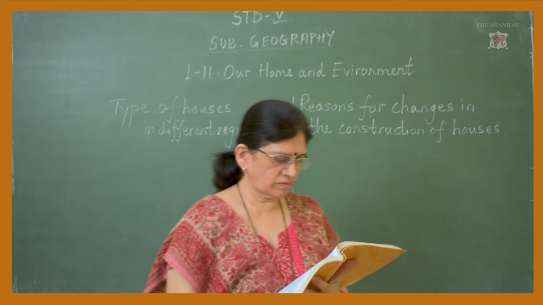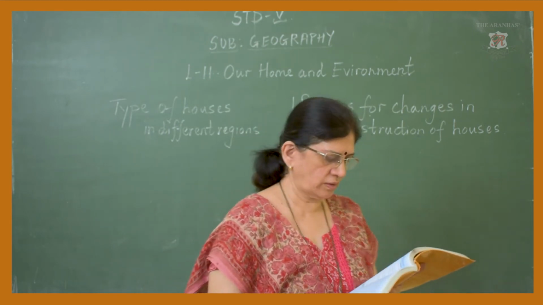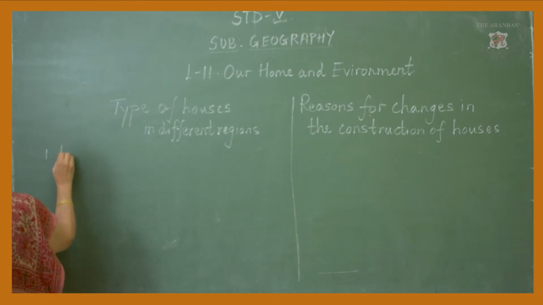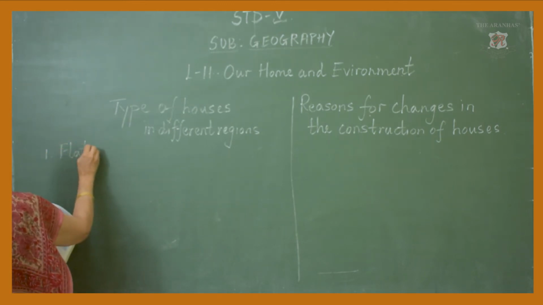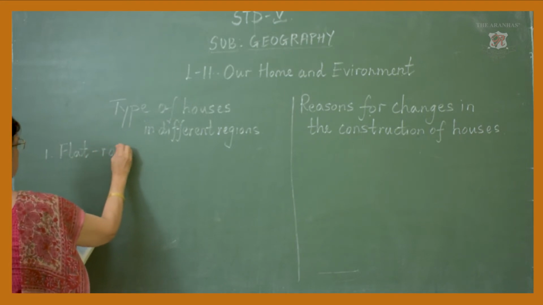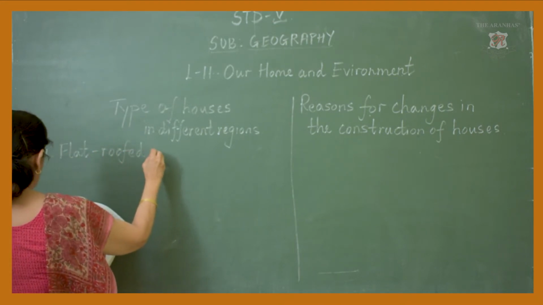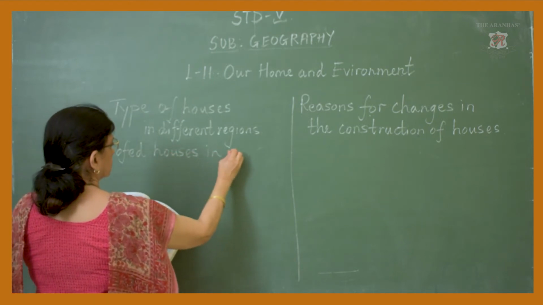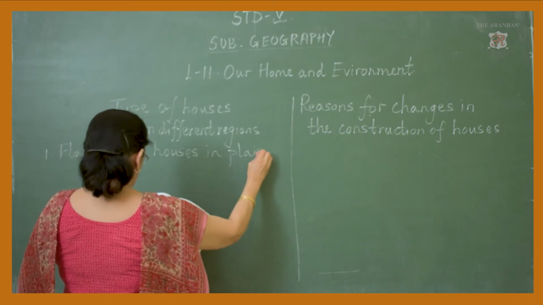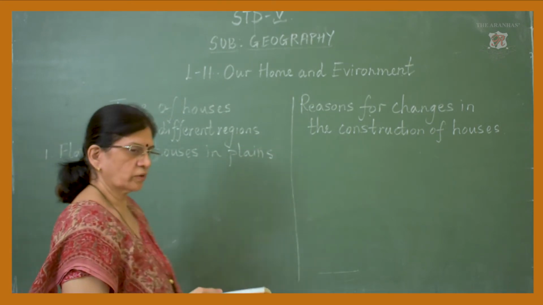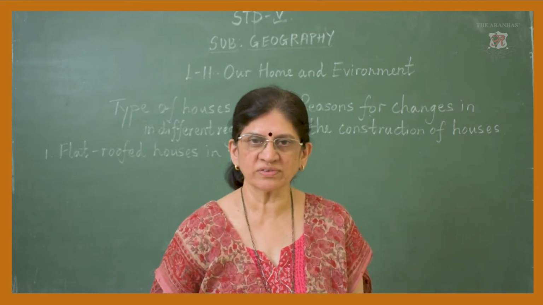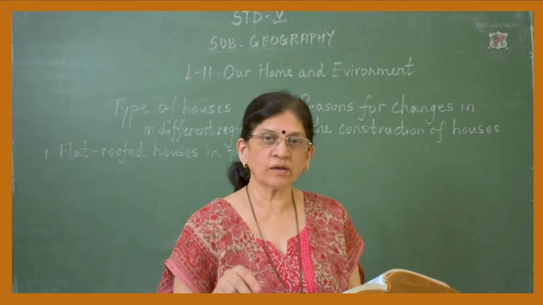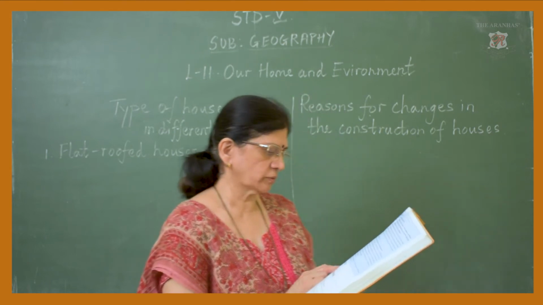So first one is flat roof houses in plains. Now here the availability of plain surfaces is more and the area is also larger.